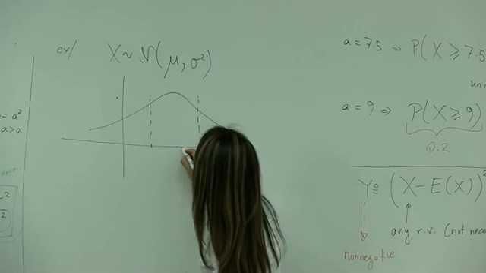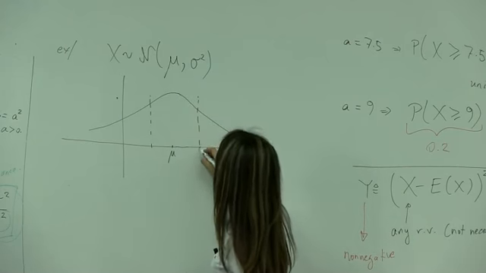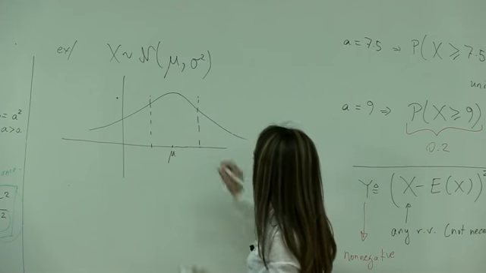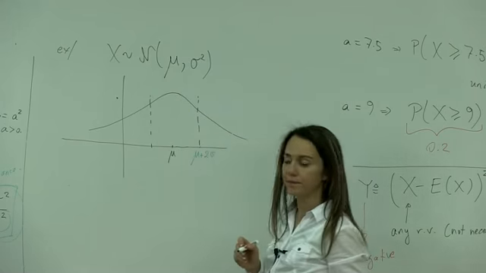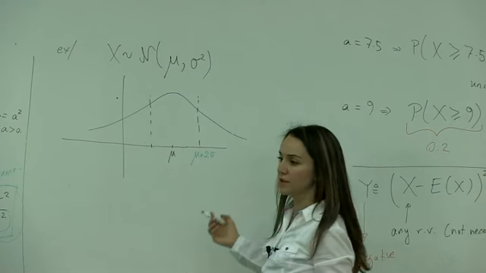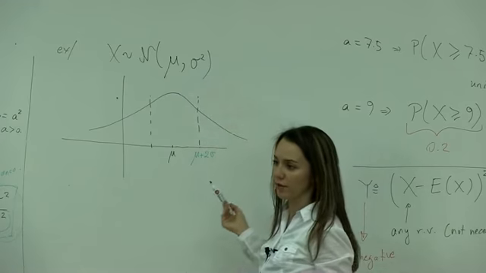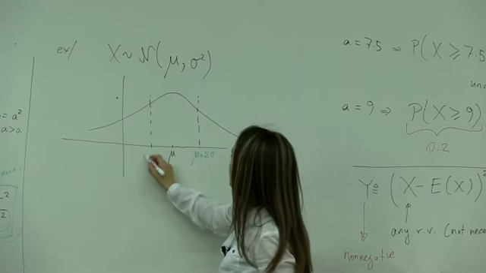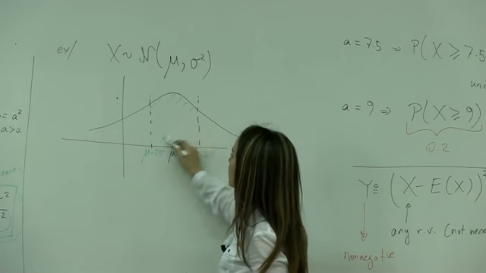Let me center this properly. This is mu, and suppose this point is mu plus 2 sigma. What is the standard deviation? Standard deviation is sigma if the variance is sigma squared. And this is mu minus 2 sigma.